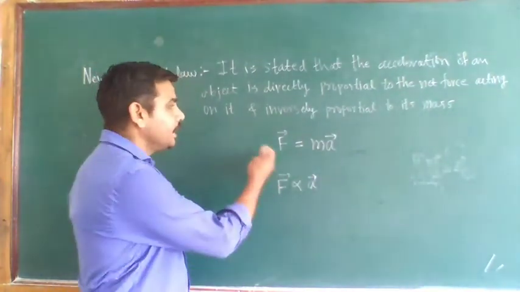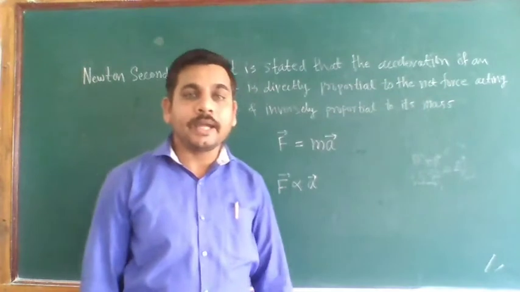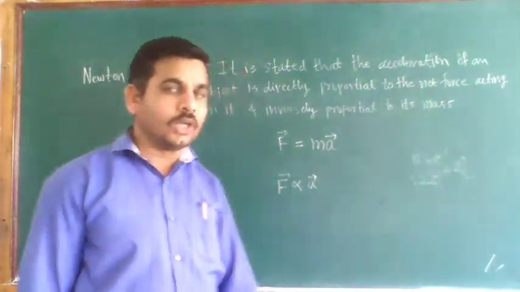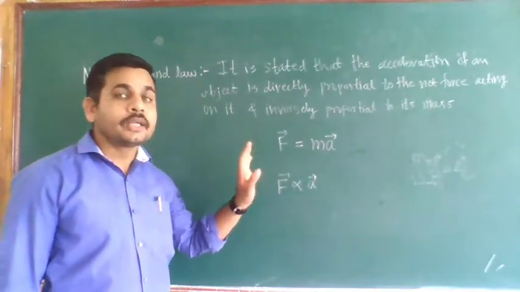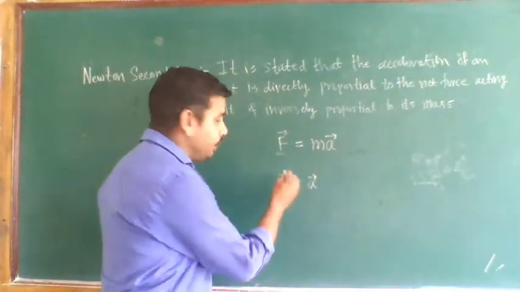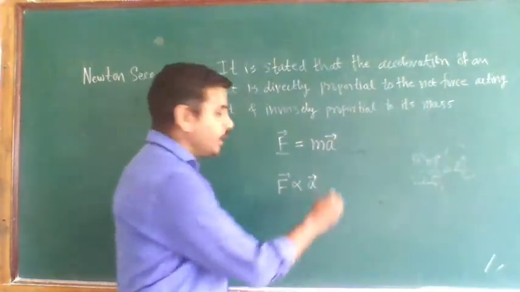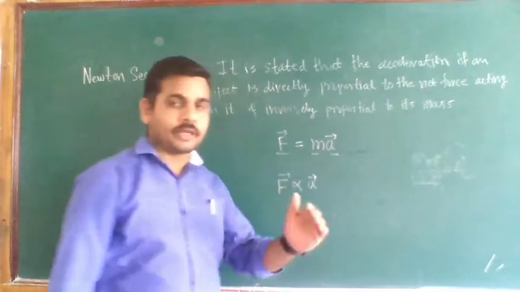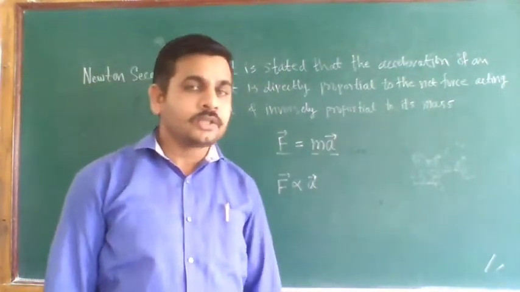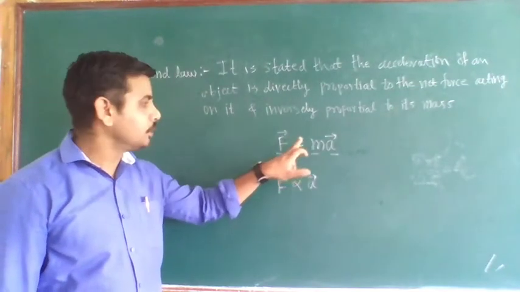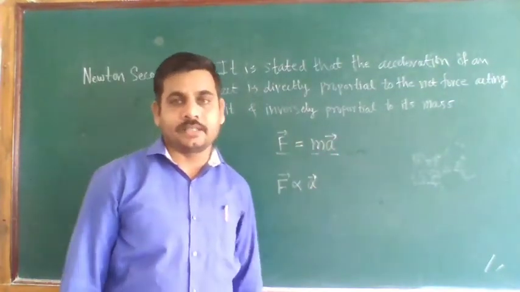Basically we can say that F is equal to ma. So Newton's second law gives the relation between the applied force, the mass of that body, and the acceleration.